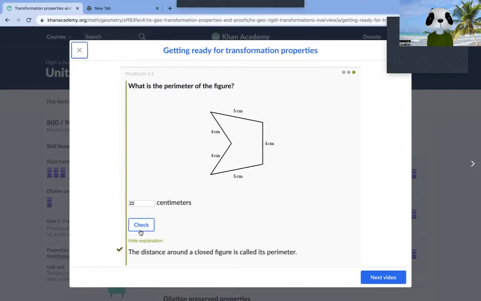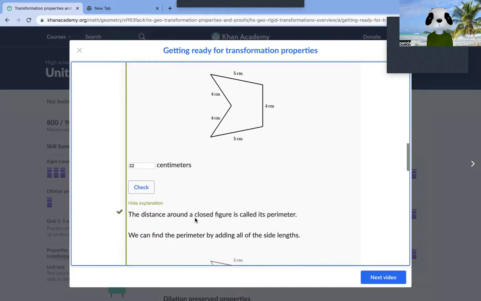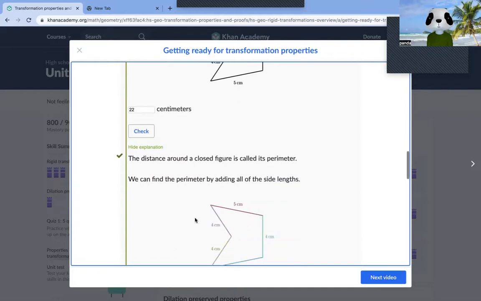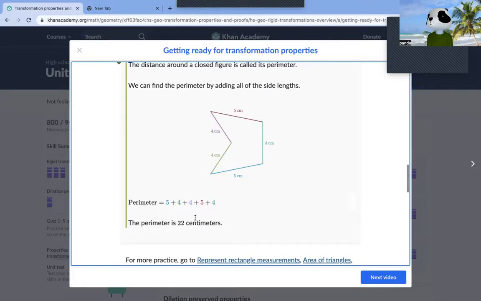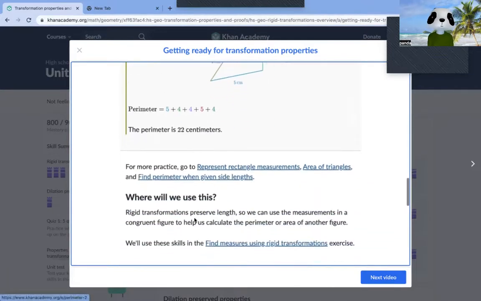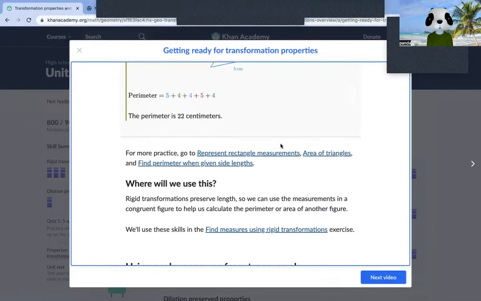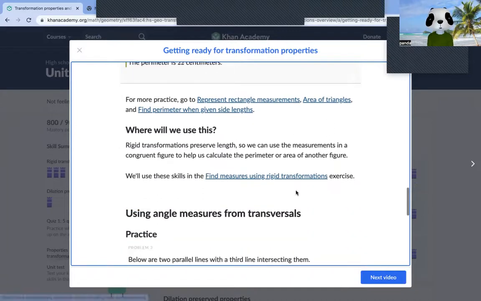Just for more kicks, let me explain this. The distance around a closed figure is called the perimeter. So we have to add up all sides of this figure. So the perimeter is 22 centimeters. For more practice, go to represent rectangle measurements, areas of triangles, and find perimeter with given side lengths.